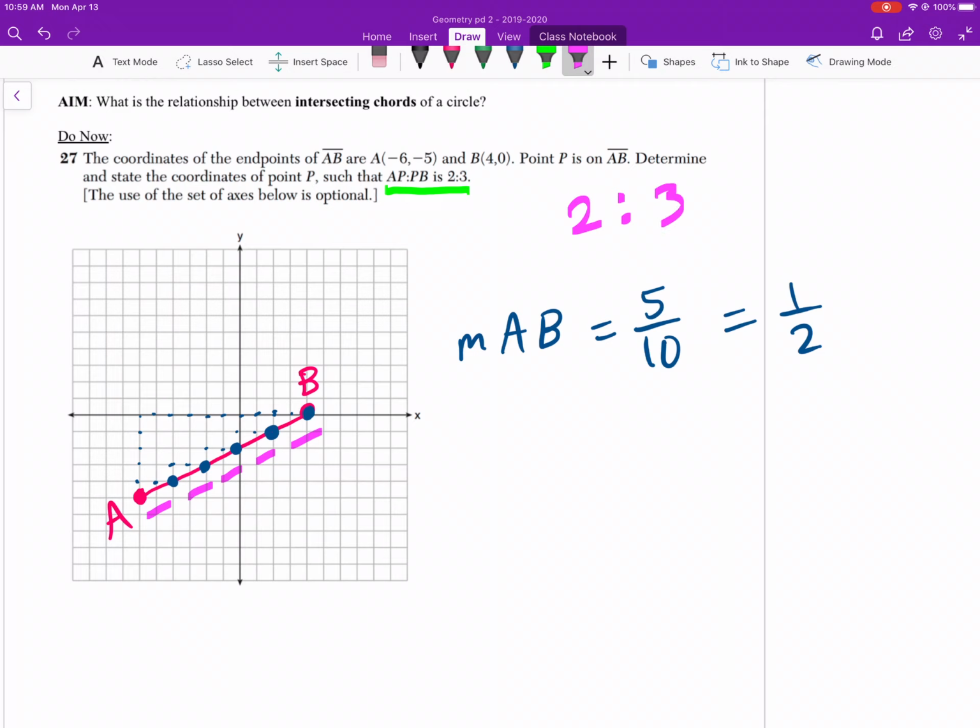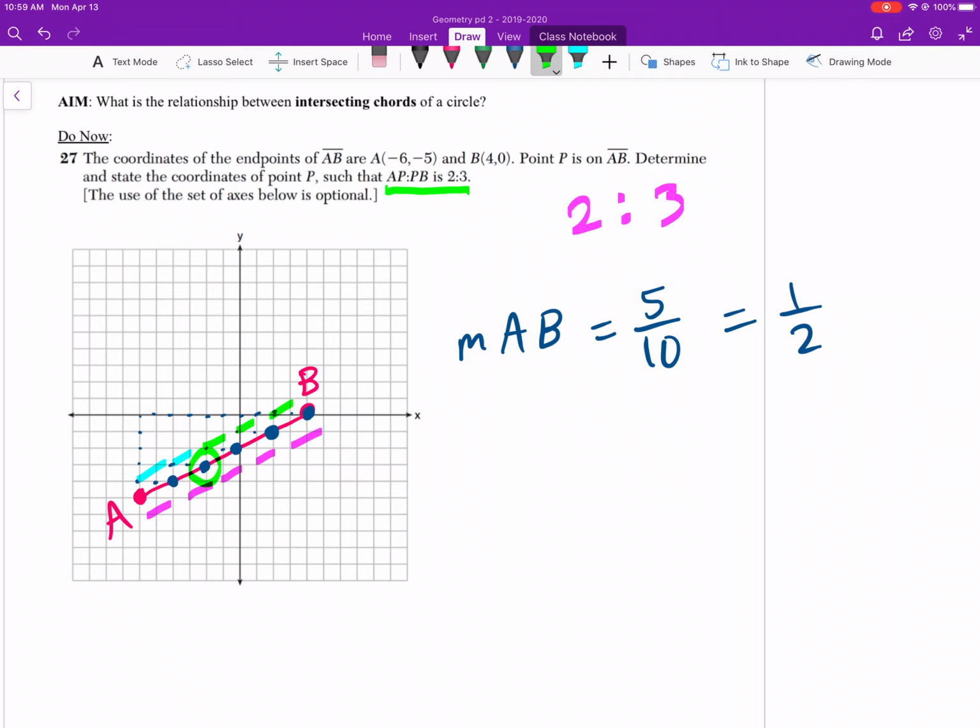All right, remember in a problem like this also we go left to right. Okay, so we want to go from A, and we're going to go 2 sections worth, and then on the other side we'll have the 3 remaining sections. So really the point in between would be right here.